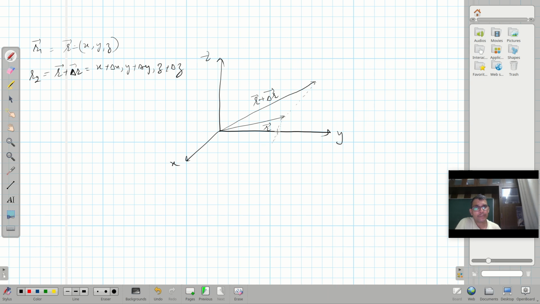Let us draw a line perpendicular to the x-axis, another line perpendicular to the y-axis, and another line perpendicular to the z-axis. Say I moved delta x distance from here to here, and then along the y-axis I moved like this, then I reach this point.